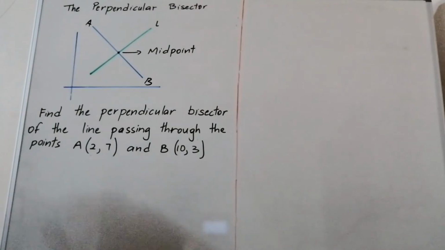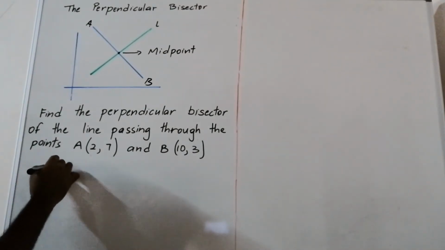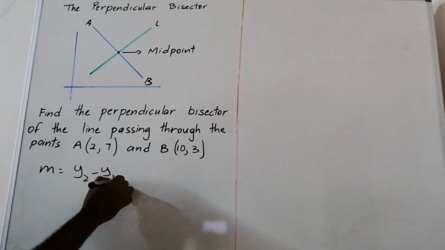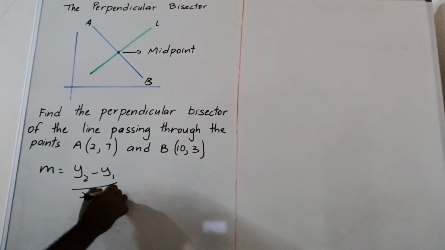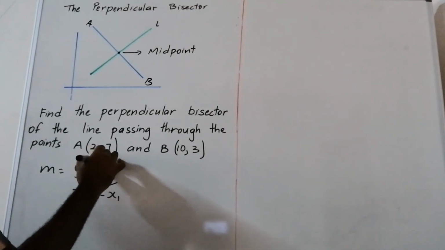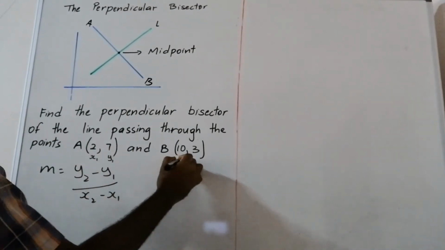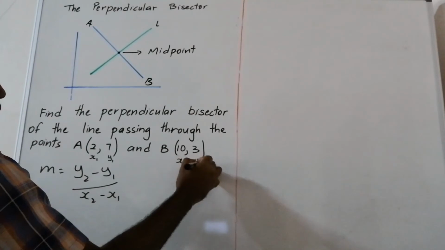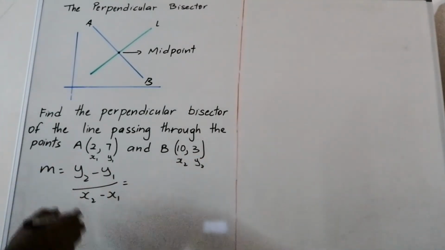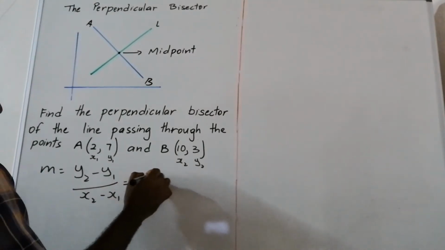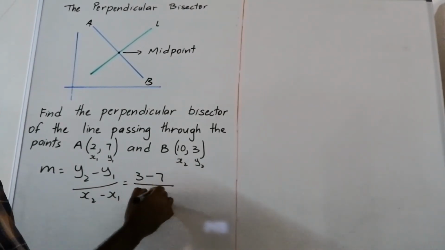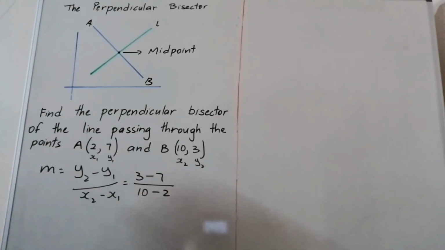So the gradient of AB, remember gradient is y2 minus y1 over x2 minus x1. So here we have our x1, y1, x2, y2, and we can substitute. So 3 take 7 over 10 take 2.